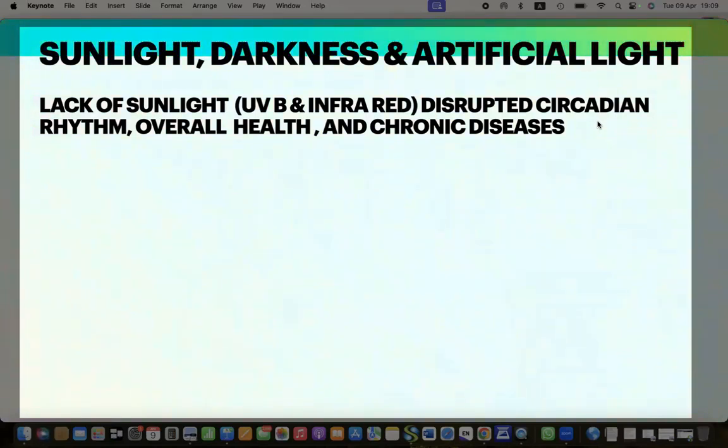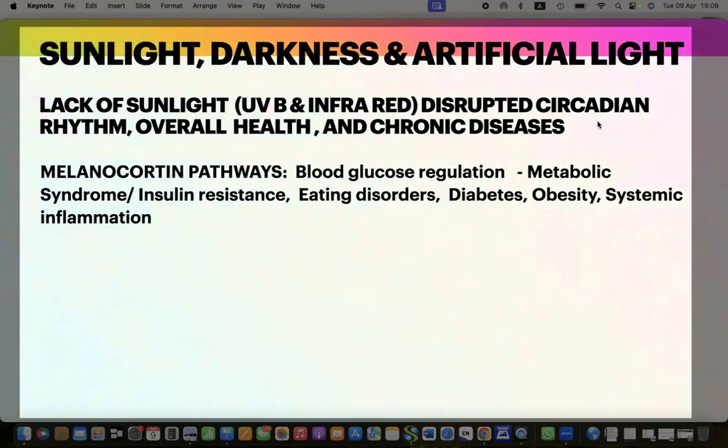So, looking at the whole issue of sunlight, darkness, and artificial light, the lack of sunlight, UVB and infrared, as well as the visual parts, will lead to disrupted circadian rhythm. It'll have effects on overall health and chronic diseases. On the melanocortin pathways, problems with blood glucose regulation, metabolic syndrome, eating disorders, diabetes, obesity, systemic inflammation.